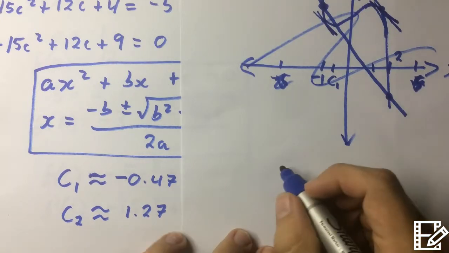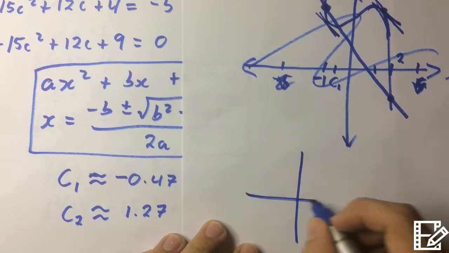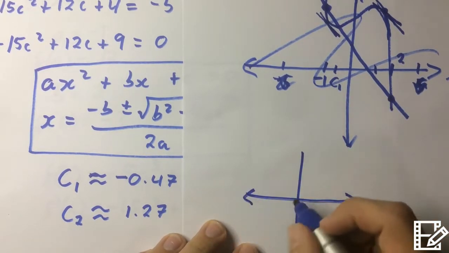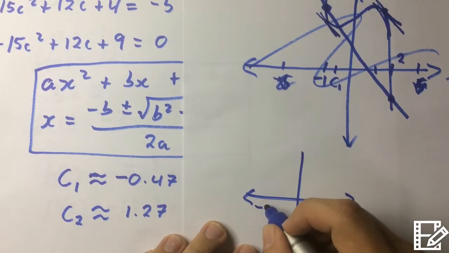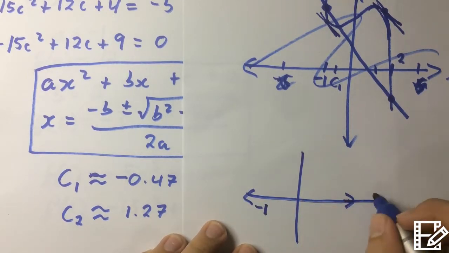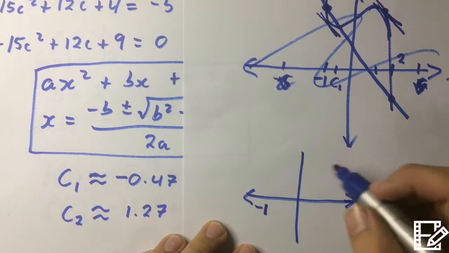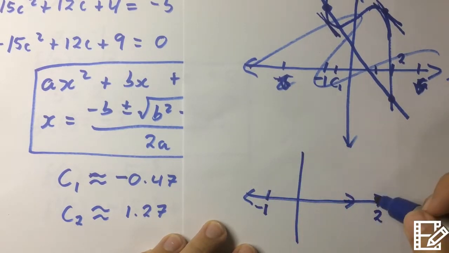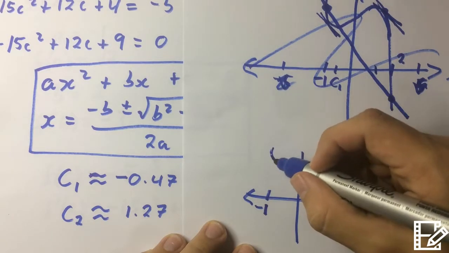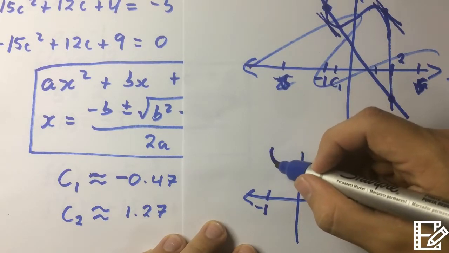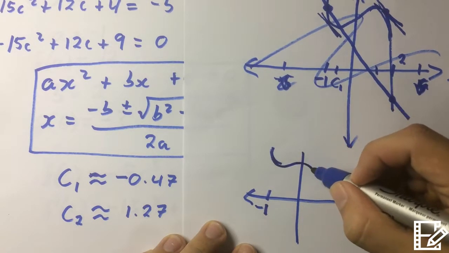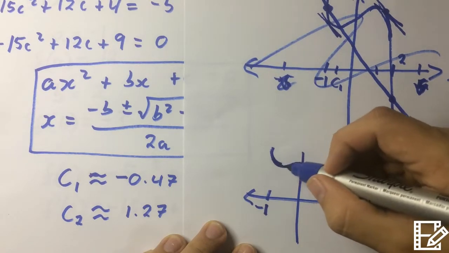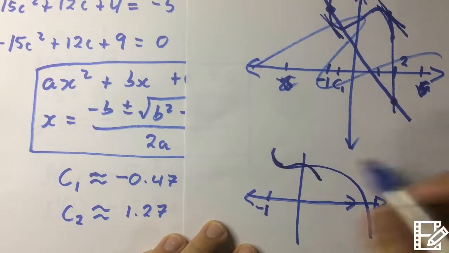I'll redraw it for you. So you have negative 1, and you have 2, and it's supposed to come in. Oh, that's terrible.